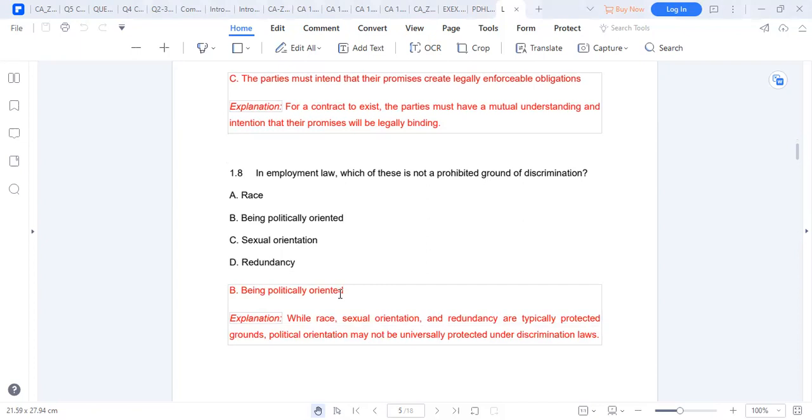1.8, in employment law, which of these is not a prohibited ground for discrimination? Race, politics, sexuality, redundancy. Okay.